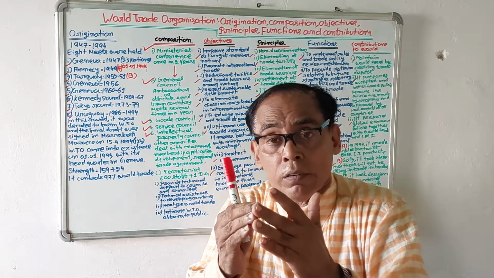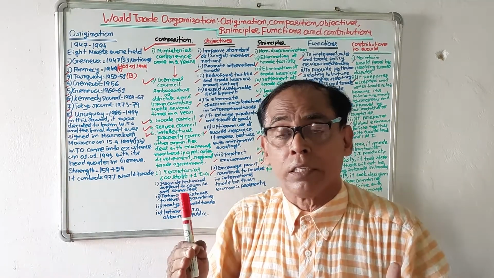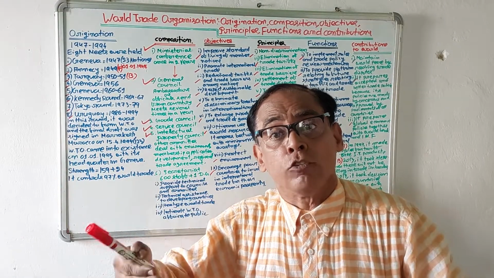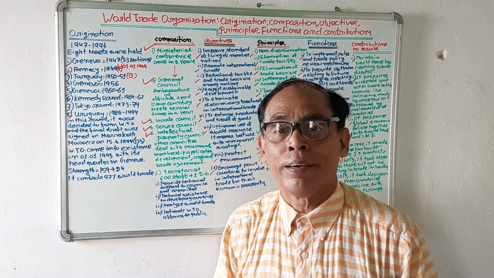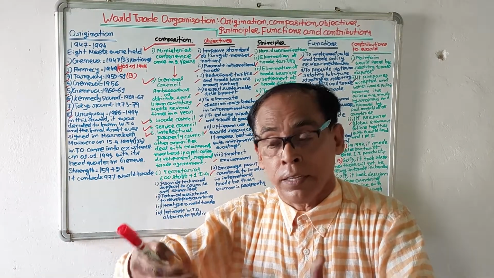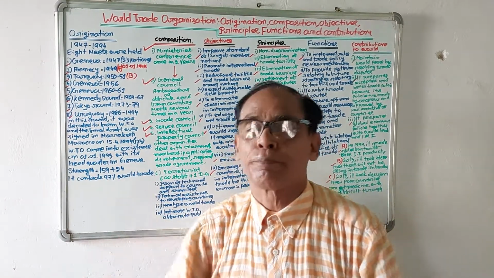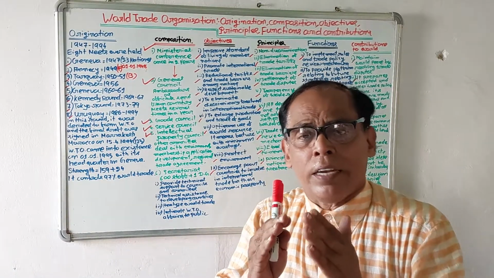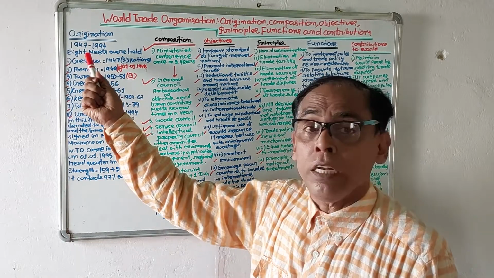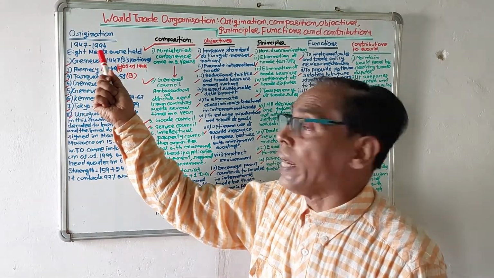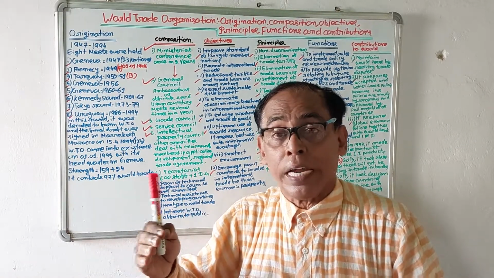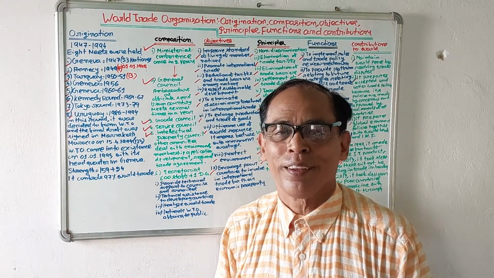It means for the formation of World Trade Organization, 8 rounds of talks were made. After 8 rounds of discussions, World Trade Organization has been originated. And these discussions were in between 1947 to 1994.